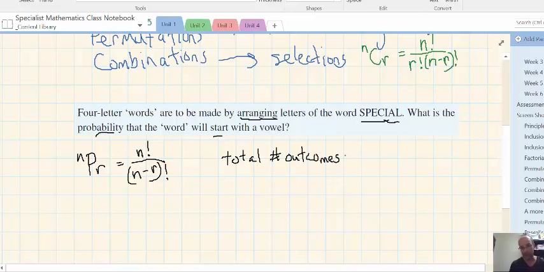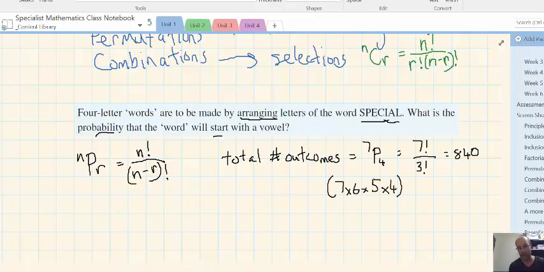We can use nPr for that. So total number of outcomes is 7P4, which is 7 factorial over 3 factorial, which is 840.